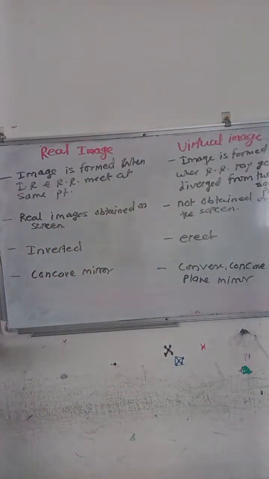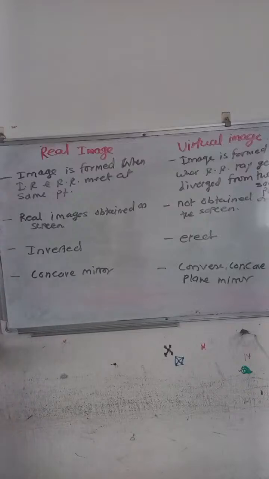So what are the characteristics of real images? Real images are formed due to incident ray and reflected ray meeting at the same point. They are always obtained on the screen. They are always inverted, and these can be formed by using only concave mirrors.